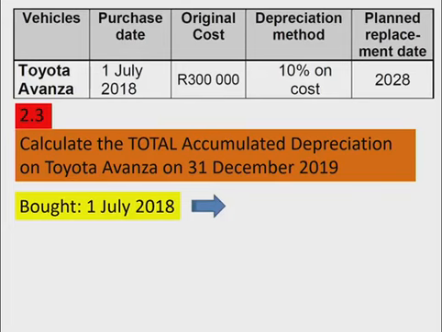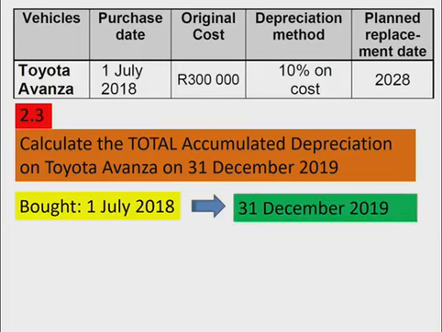And we want to know the accumulated depreciation on the 31st of December 2019. Okay, that means that we have the vehicle 1.5 years.